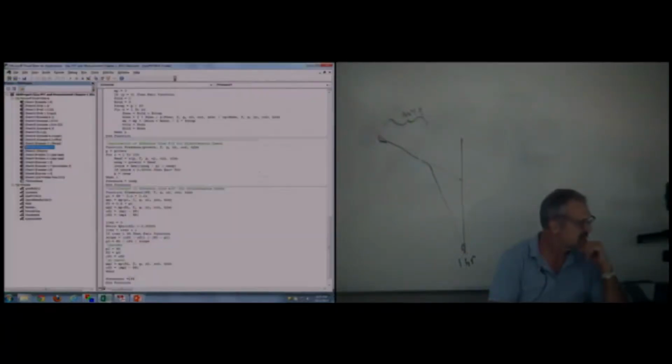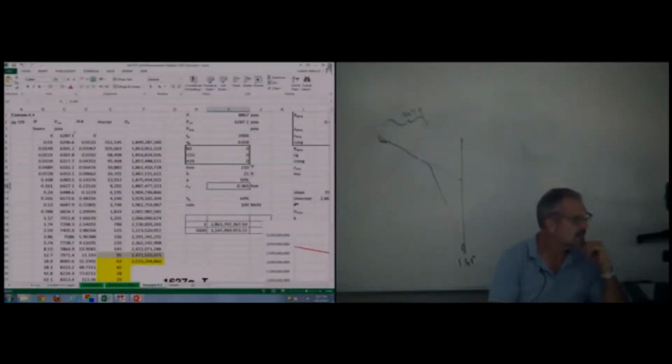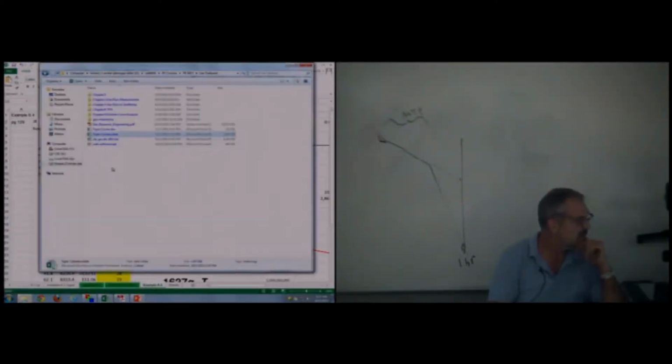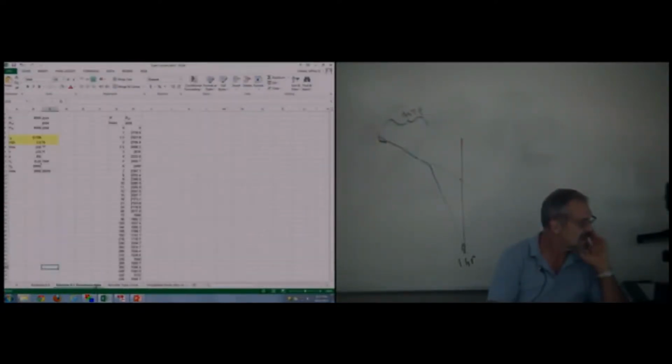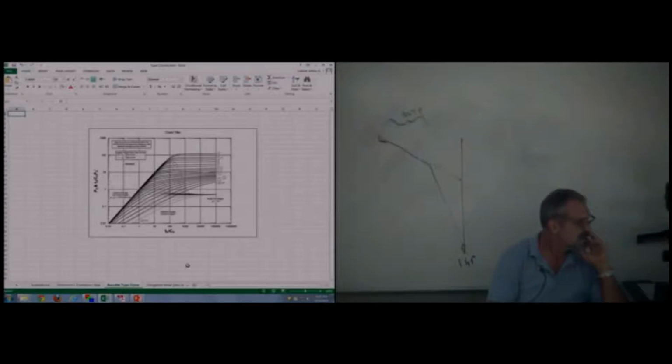No, it isn't. I want to get my type curve. I'll get it over here. So this is the type curve we're going to put our data on.